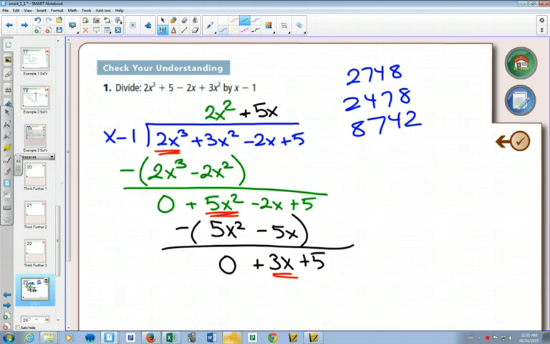And that plus 3x, what would we have to multiply our x minus 1 by? Plus 3. 3 times x would be 3x. 3 times the minus 1 would be minus 3. And when we subtract, put it in brackets, 0, 5 minus negative 3 is plus 8. Of all the places you're going to make a mistake with subtracting, it's going to be in the last one.